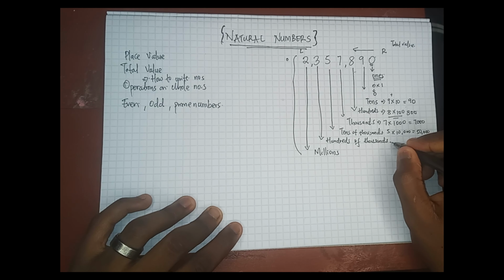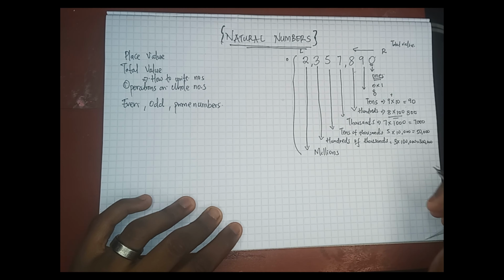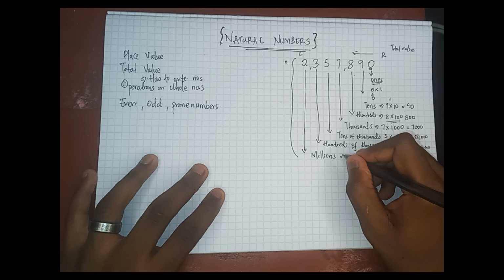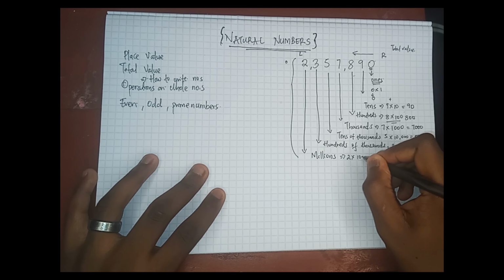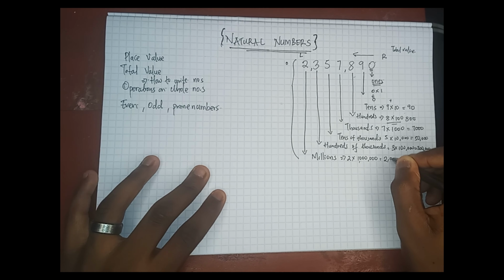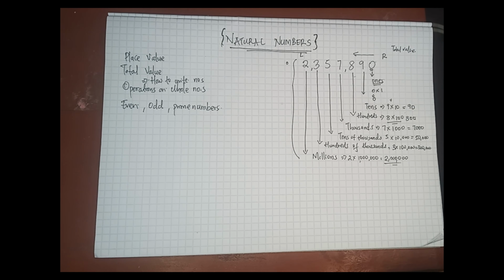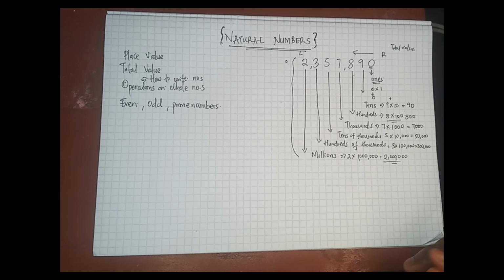Then 3 times 100,000 is 300,000, and then 2 times a million, okay, 2 million. So meaning that if you understand place value, it will be easier for you to write a number in words.